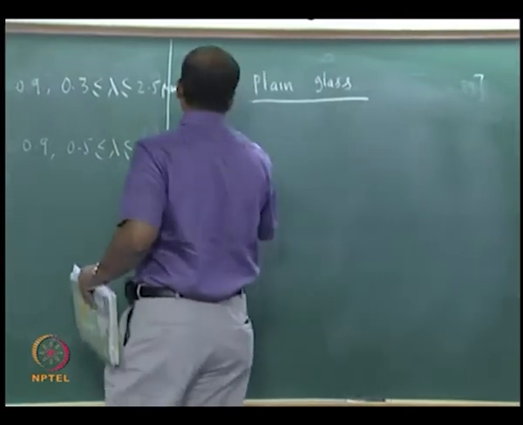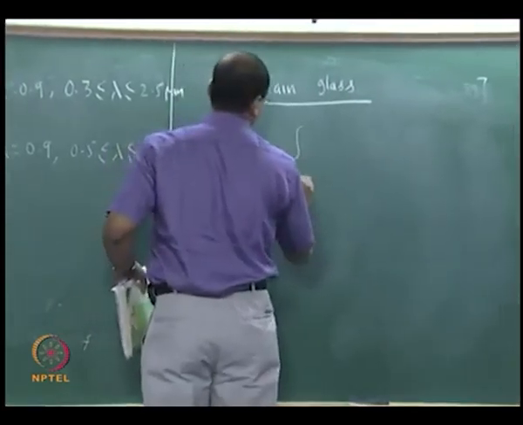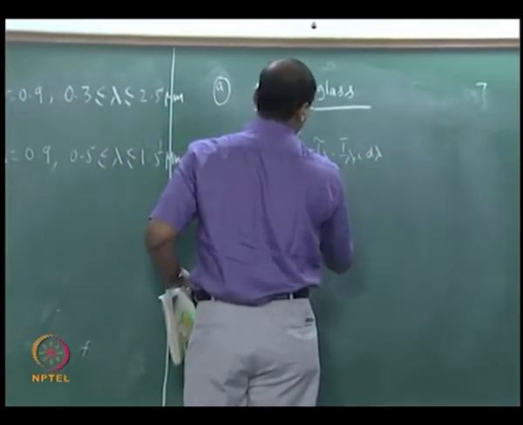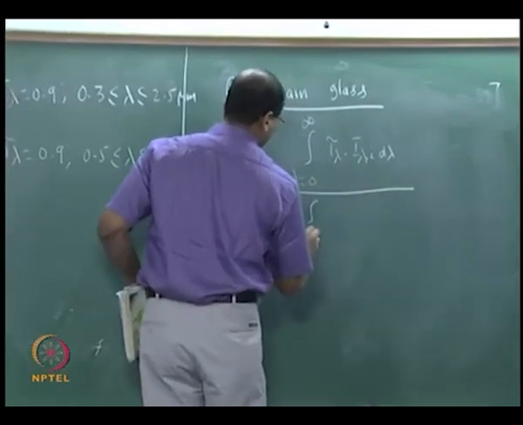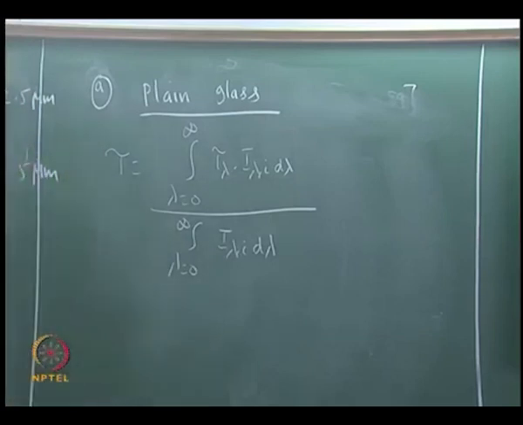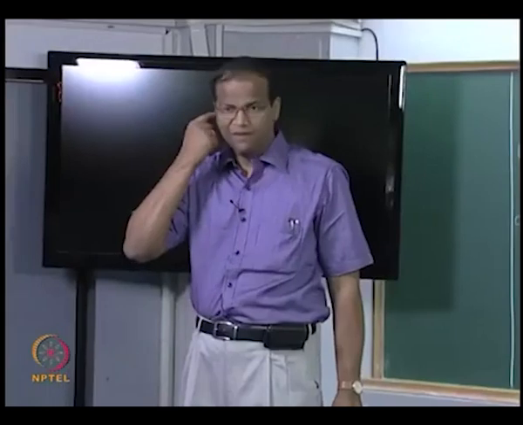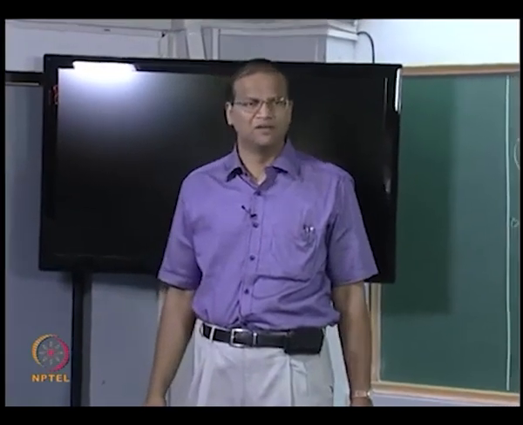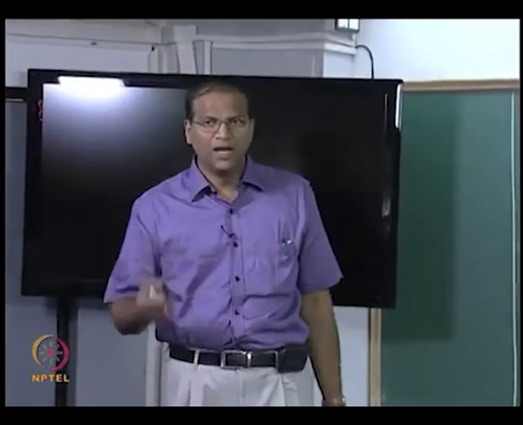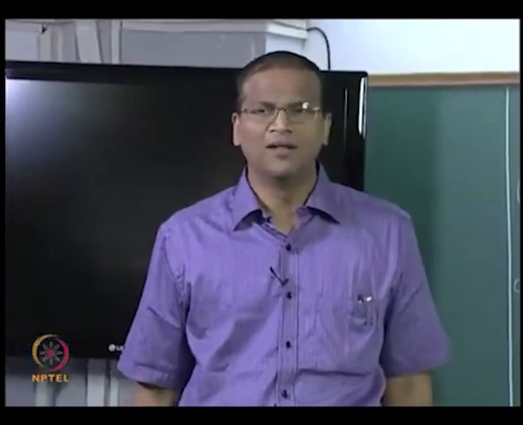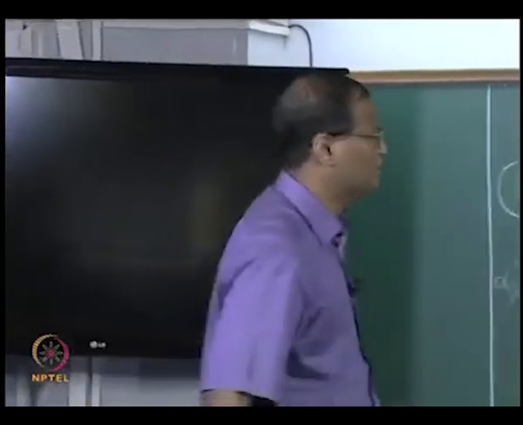So, tau is correct, but I do not know how I lambda varies with lambda, but I have equivalent information. I lambda is qualitatively equal to the irradiation from a black body at 5800 Kelvin, that is the sun's temperature.